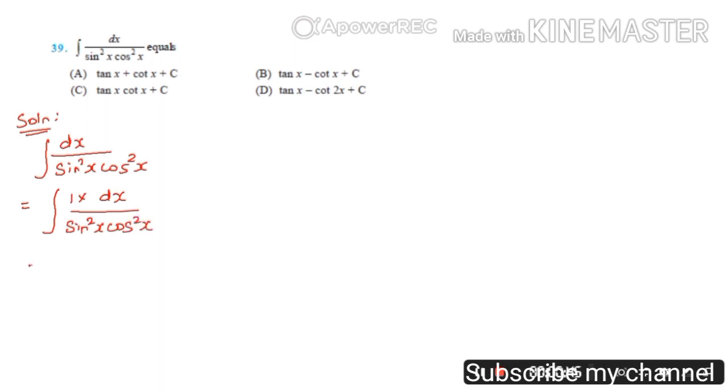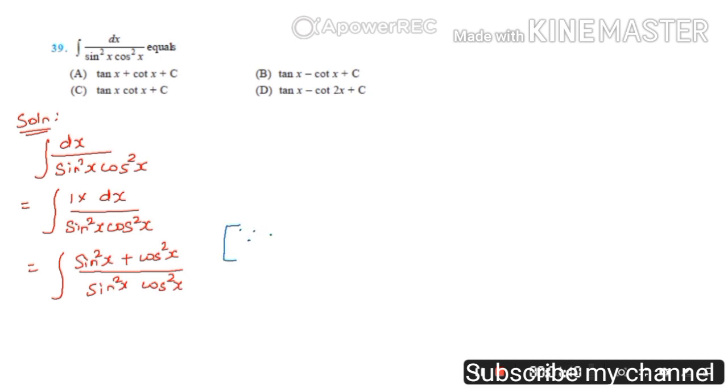We know the trigonometric identity that 1 is nothing but sin square theta plus cos square theta. So in the place of 1 I can write sin square x plus cos square x divided by sin square x cos square x.